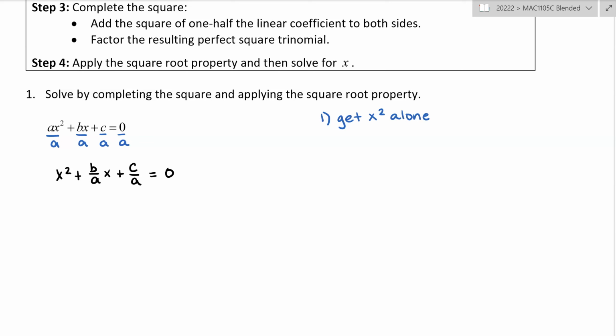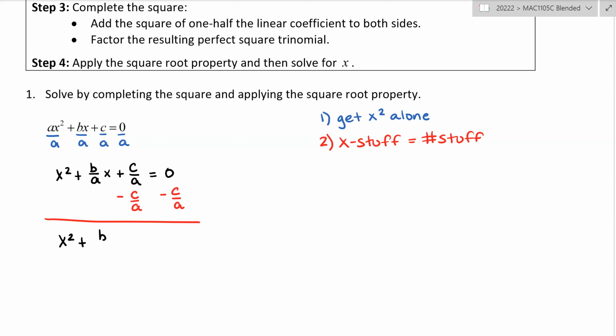And then you have to get your x stuff equals number stuff, which means I'm just going to subtract this c over a from both sides, because that's the only term that doesn't have an x in it. So I have x squared plus b over a x equals minus c over a.